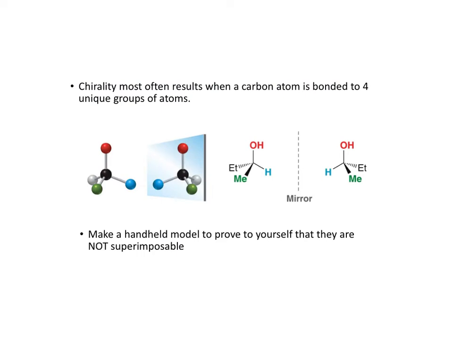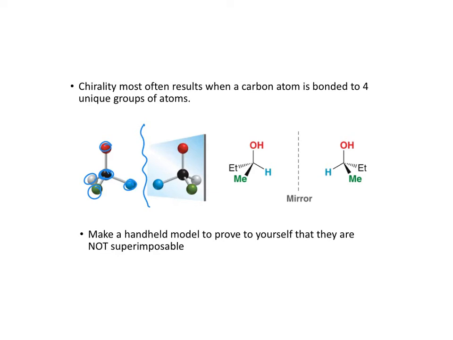Frequently, chirality results when a carbon atom is bonded to four unique groups of atoms. So for example, if these different colored balls represent different groups, and this is a carbon in the center, that carbon is connected to four different things. And while it has a mirror image, it is not superimposable on that mirror image. And you can make a model and prove this to yourself.